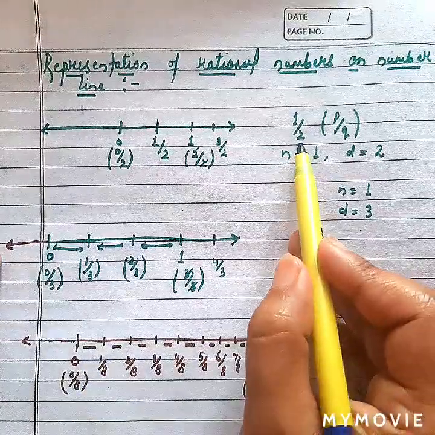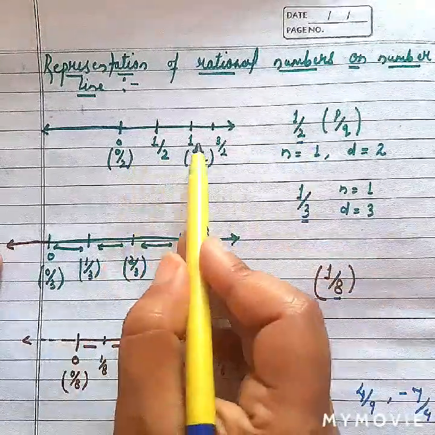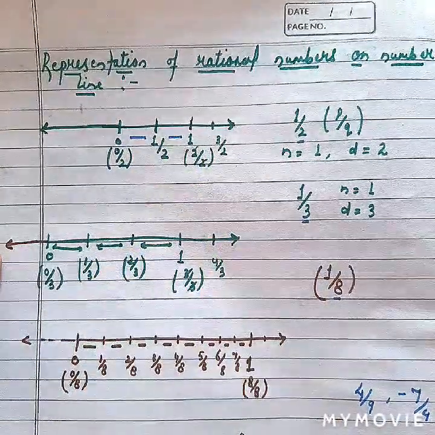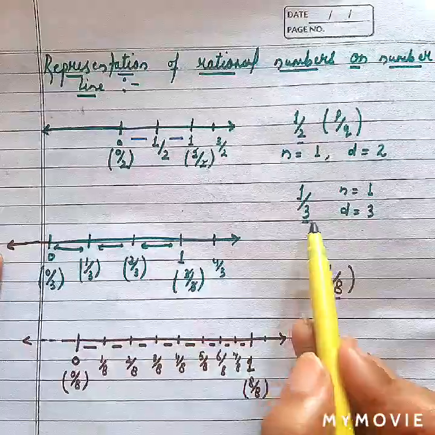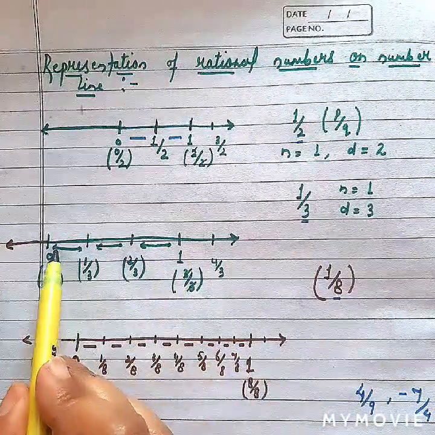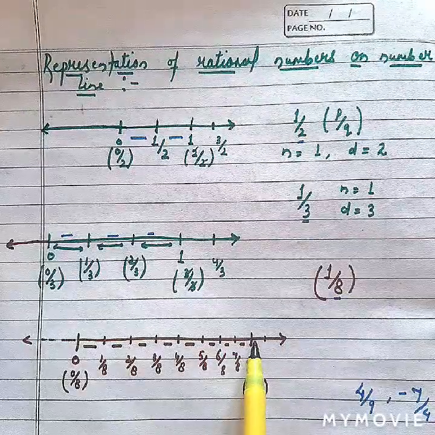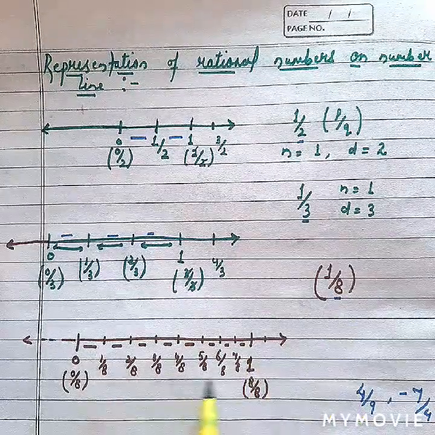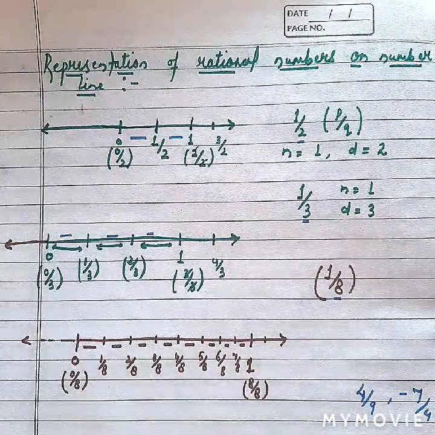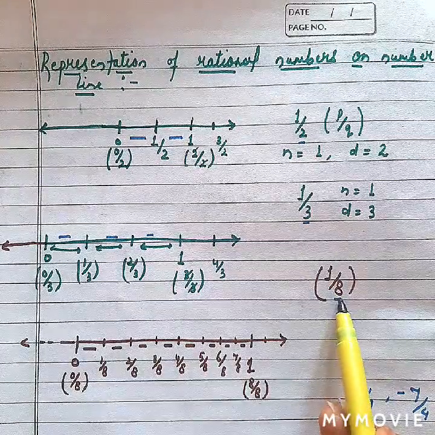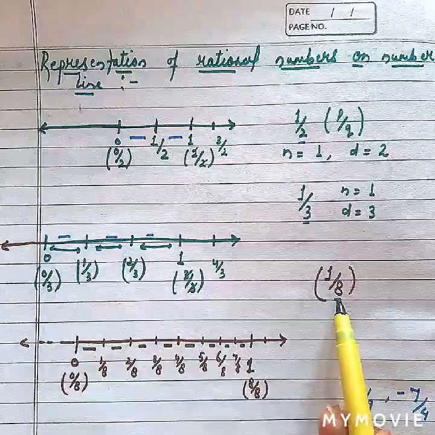For example, when the denominator was 2, we divided the unit place, here it was 1, into 2 parts. When the denominator was 3, we divided the unit value into 3 parts: 1, 2, 3. Now we are clear about what to do with the denominator.